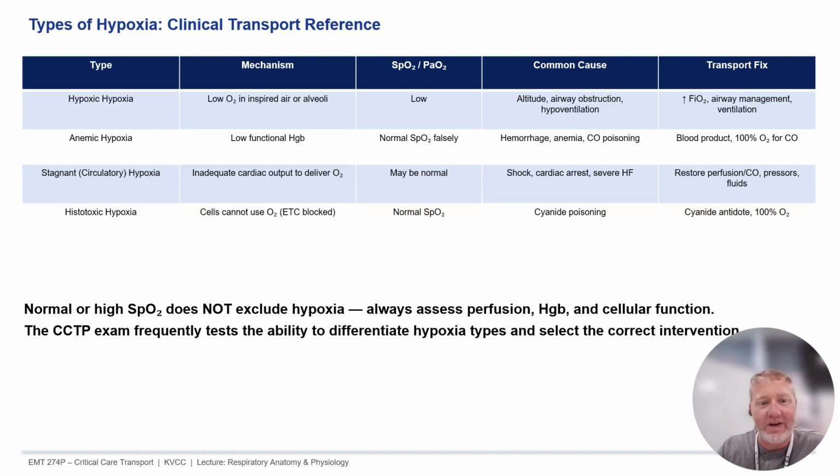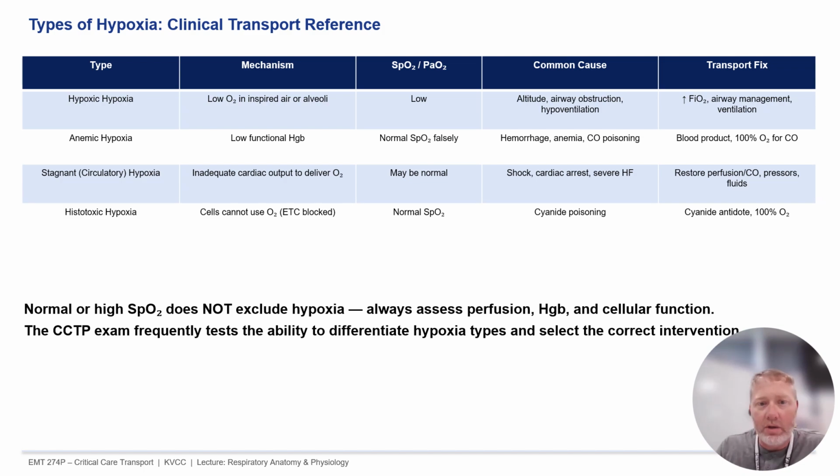And then finally, you've got tissue hypoxia or histotoxic hypoxia. That's kind of the most insidious of the four. The oxygen delivery is normal, but the cells themselves, tissue cells, can't use it. So anytime you've got something that will override or prevent cells from using oxygen appropriately, like in cyanide poisoning or hydrogen sulfide poisoning, those are very deceptive.